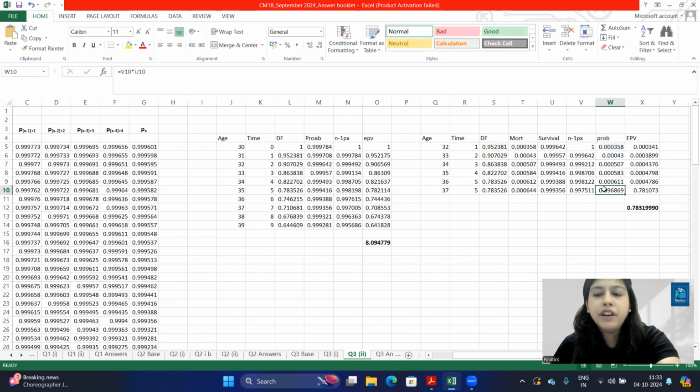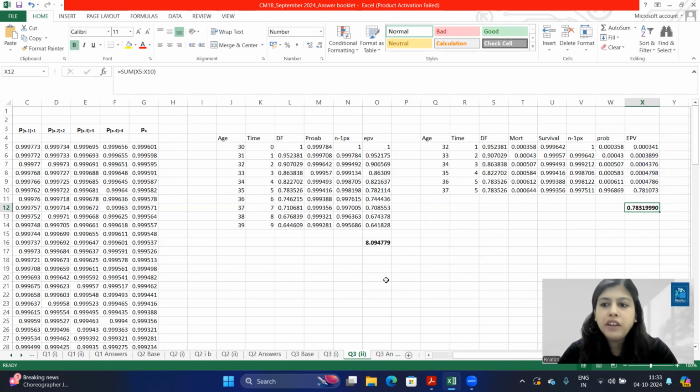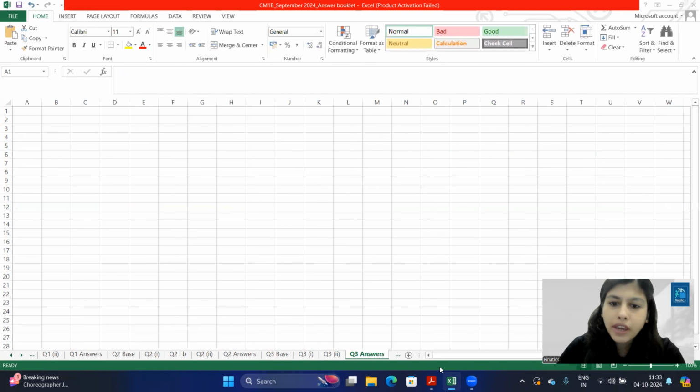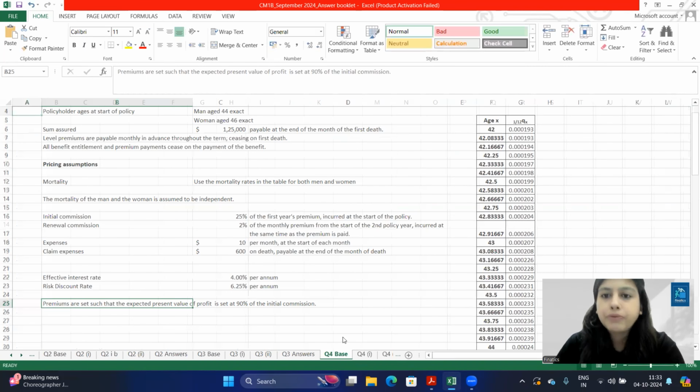Remember, in the last cell of the probability, it should not be multiplied with the mortality probability because it's endowment and should only be survival. So it will be N minus 1 px into the survival for 1 more year. And then you just multiply and add it up to get 0.7831, which is my assurance factor. Okay, so those are the answers.